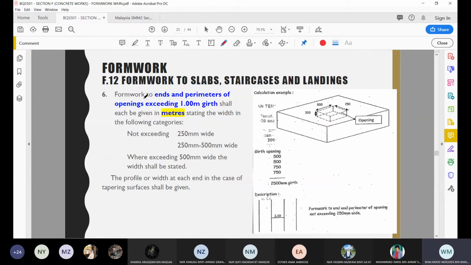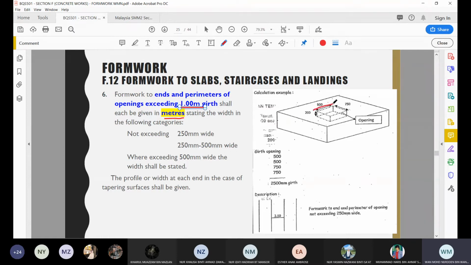Number 6. Formwork to ends and perimeters of opening exceeding 1 meter girth shall each be given in meter. Kita ada slab, tapi kat tengah-tengah tu ada opening. Kita buka macam ni kan. So, this opening should be more than 1 meter girth.